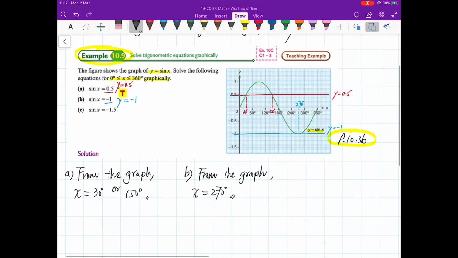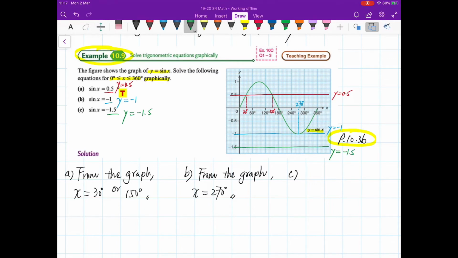Okay, so similarly for part C, this time I will use the green color. So we know that y equals -1.5. Okay, so for -1.5, we will draw a horizontal line to represent y equals -1.5.